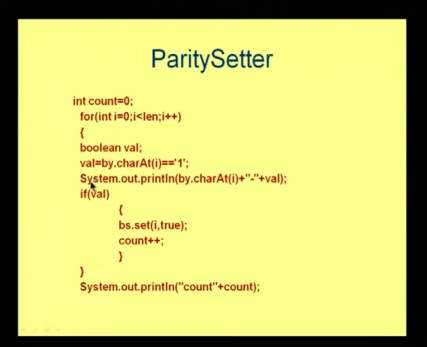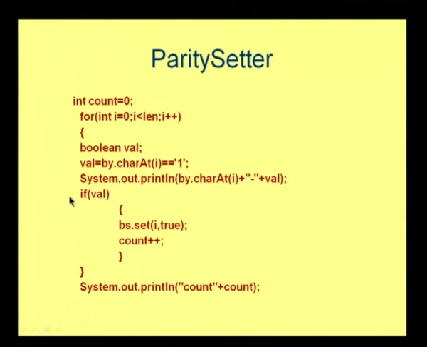Now I am printing the value, whether it is 1 or 0, whatever it is. This val is nothing but true or false. I already told you that by default it will be false and you can change that to true: bitset.set(i, true). Now, for this particular index, the value is set to true.